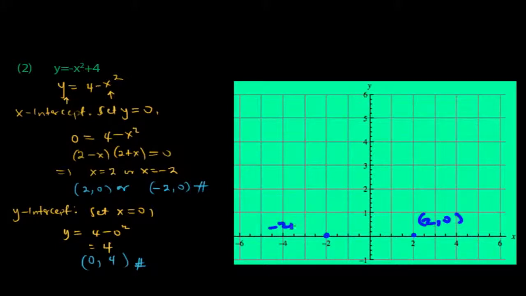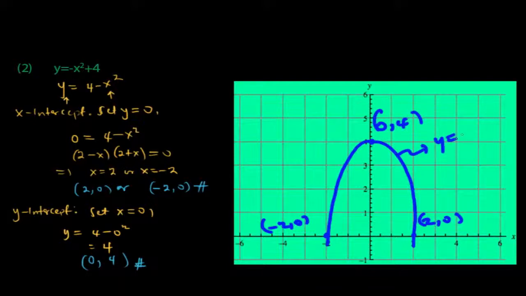The other one is when x is 0, y equals 4, which is this point here, 0, 4. So we just join these, something like this. This is a sketch of the equation y equals negative x squared plus 4.